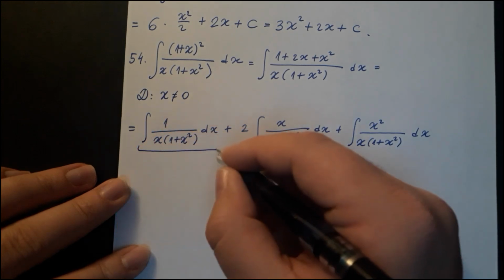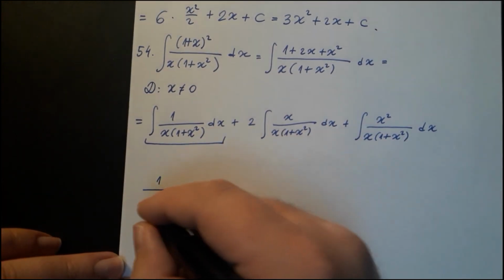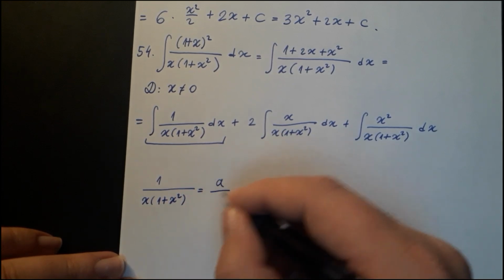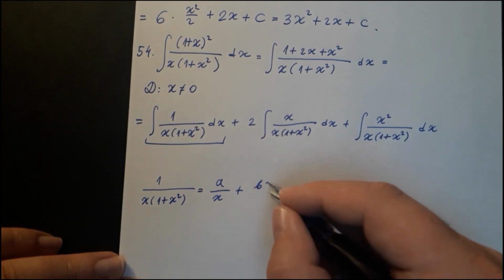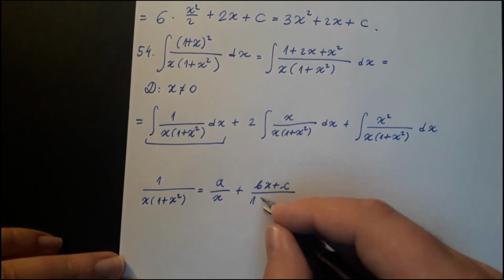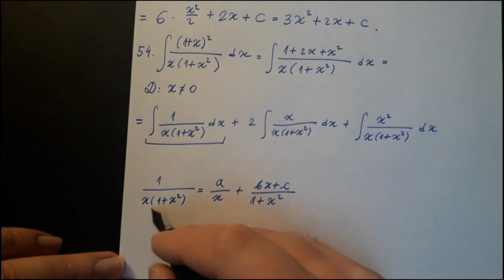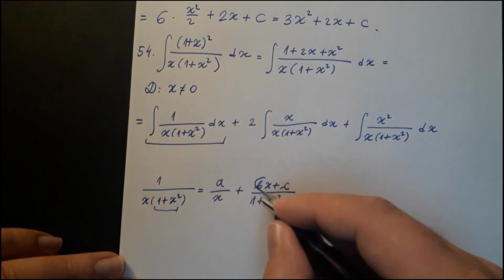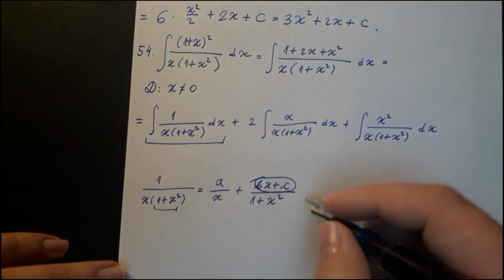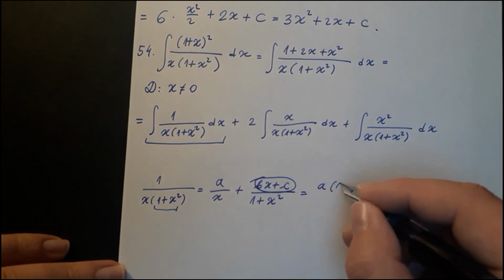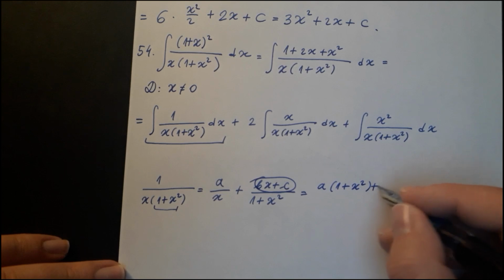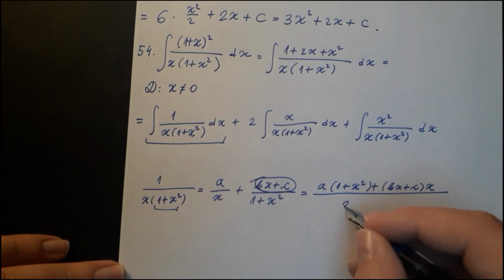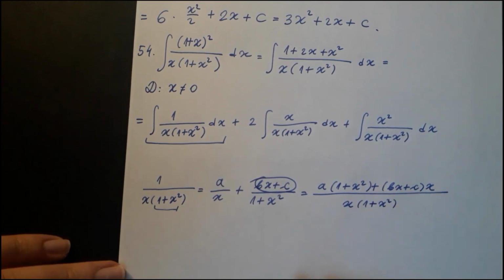Well, let's observe this first integral. 1 over x times 1 plus x squared can be factored out as a divided by x plus bx plus c divided by 1 plus x squared. This is a polynomial of the second degree, and that is why we have a linear function right here. So this is equal to a times 1 plus x squared plus bx plus c times x, divided by x times 1 plus x squared.